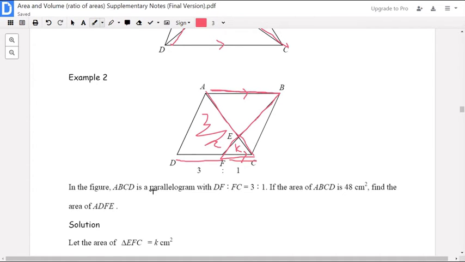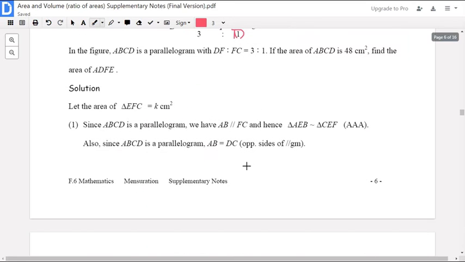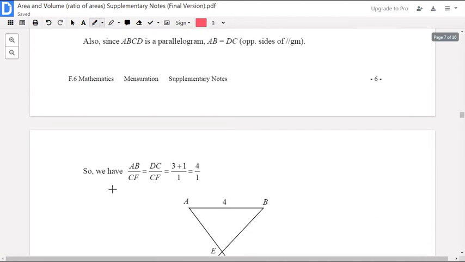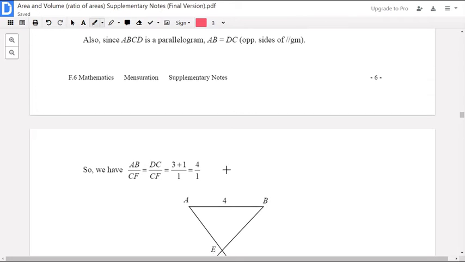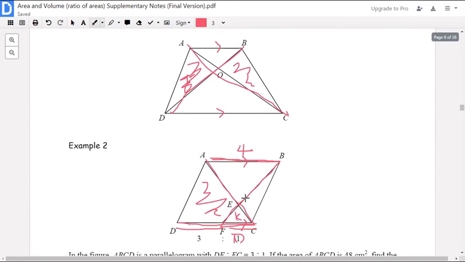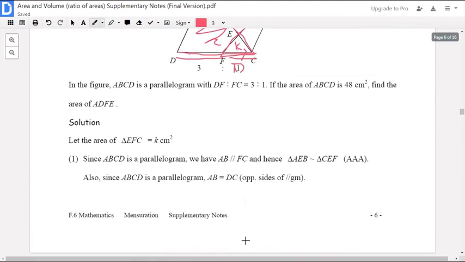So the length of AB should be the same as the length of DC. If the ratio is 3 to 1 here, this part is 1, so AB must be 3 plus 1, which is 4. The ratio of AB to FC must be 4 to 1.